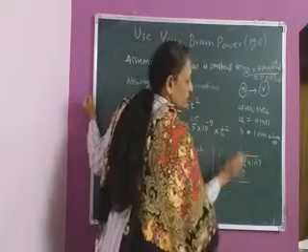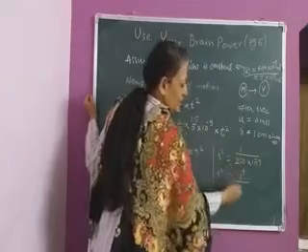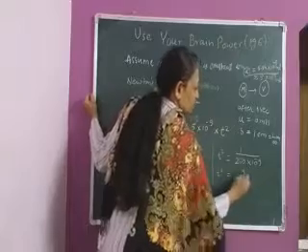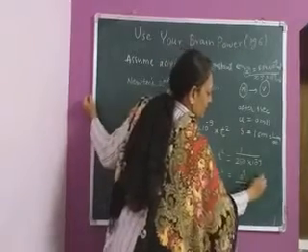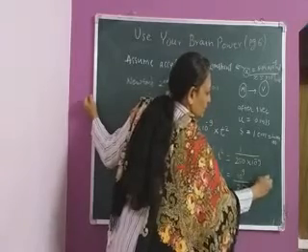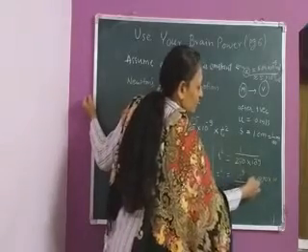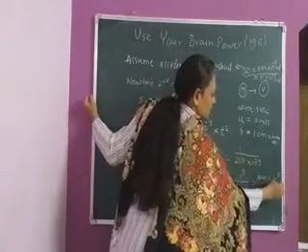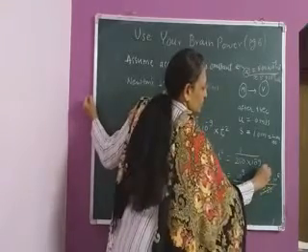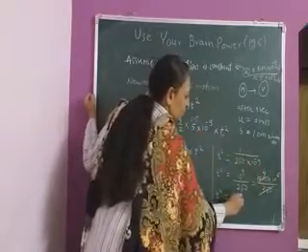On transposing into the numerator, this negative power will become positive power, 10 to the power 9 upon 250. This we will write as 1000 into 10 to the power 3, we have taken here, so it will become 10 to the power 6 upon 250. So T square is equal to 4 into 10 to the power 6.